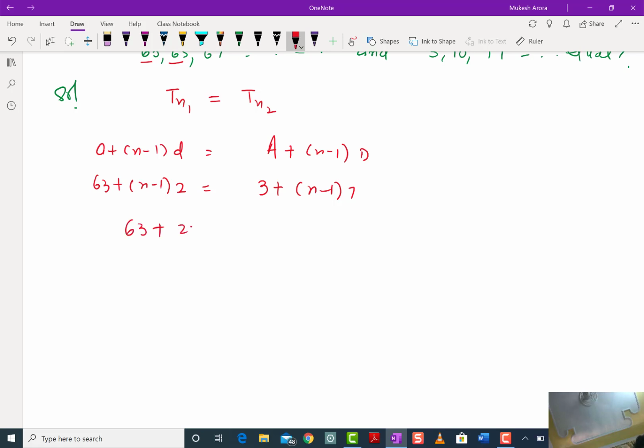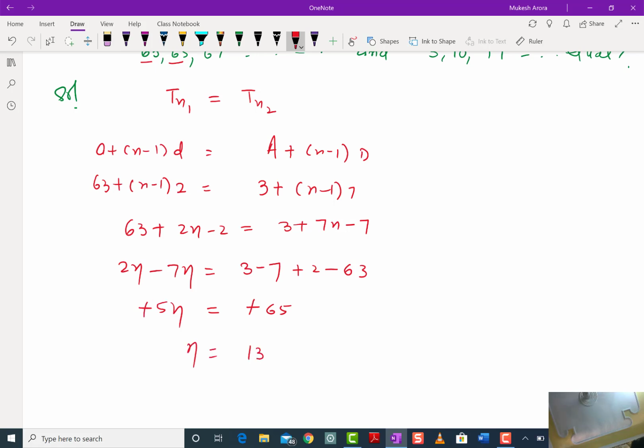So 63 plus 2n minus 2 equals 3 plus 7n minus 7. 2n minus 7n is equal to 3 minus 7 plus 2 minus 63. Minus 5n is equal to minus 65. So n will be 13. The 13th term of both will be the same.